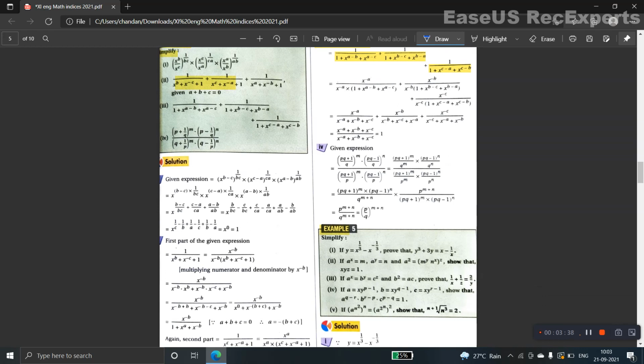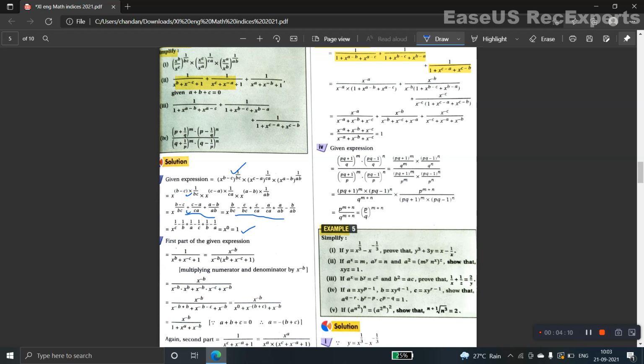Obviously, the power here is being multiplied because this is a power of powers. This is simplified and three terms are added here, which will obviously go down to 0. So x to the power 0 becomes 1.